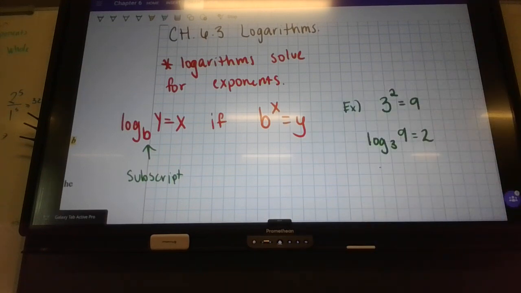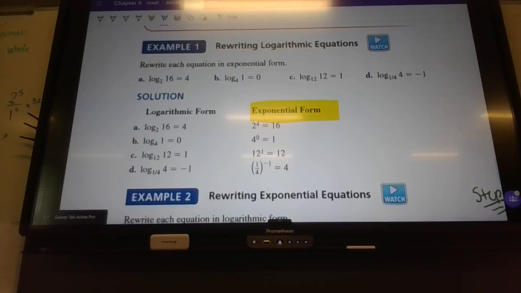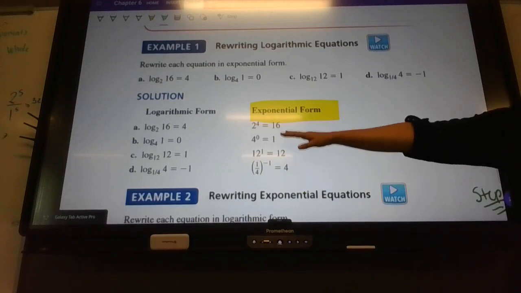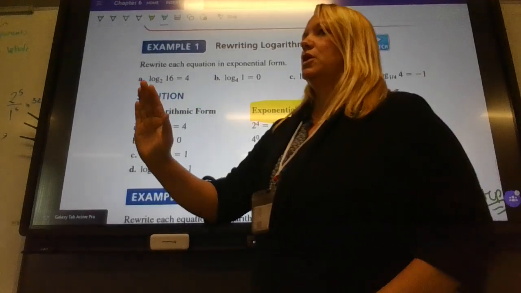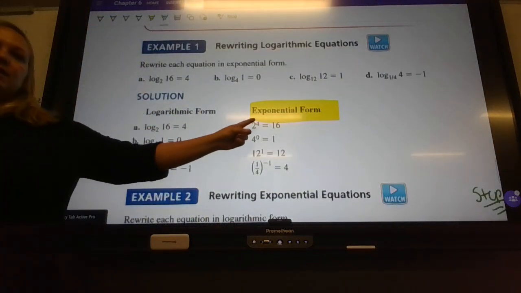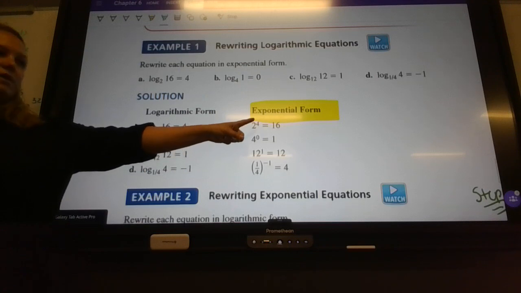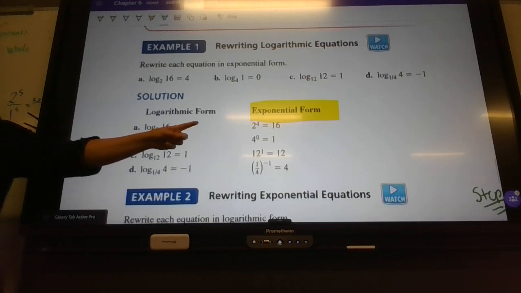Let's look at some examples that are helpful. Right on page 564, if you want to fold that page over, I've highlighted the list of ones that you should recognize in exponential form. And right next to them, they'll show log form to help you. So looking at this, 2 to the 4th is 16. We know that's true. So if 4 is an exponent, that should be the answer of the equivalent log form, right?